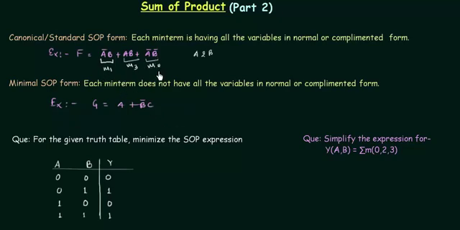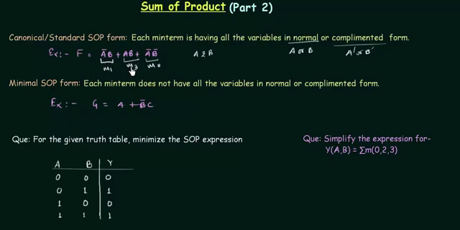So each of these minterms is having a and b, whether in normal or complemented form. By normal I mean we have a or b, and by complemented form I mean a complement or b complement. So in M1 I have a in complemented form and b in normal form.